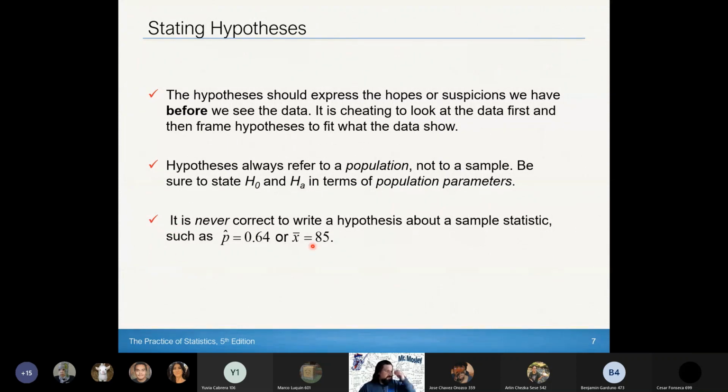It is never correct to write a hypothesis about a sample statistic such as P hat or X bar. Right? These are very important things to note. We want to make sure that we don't make these errors. Again, if you would like a moment to write some of this down for your notes, raise your hand.